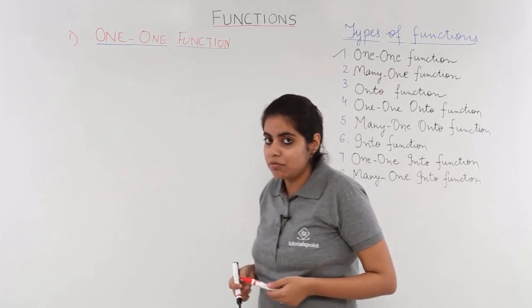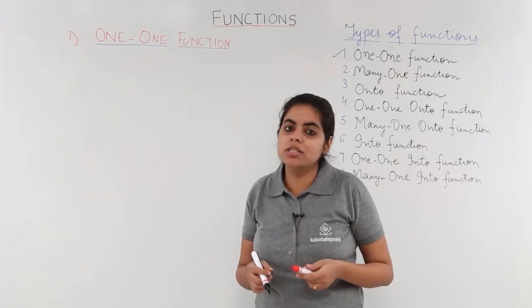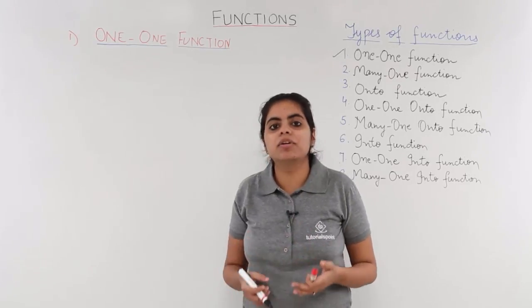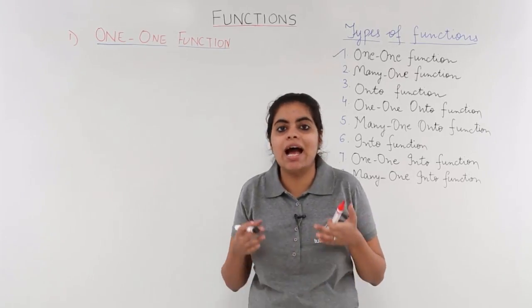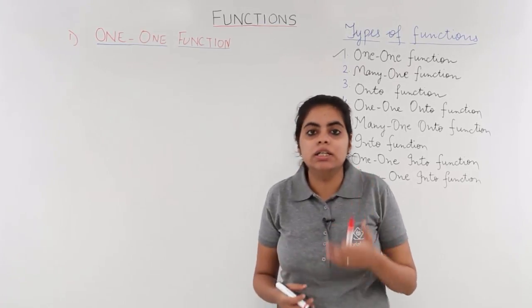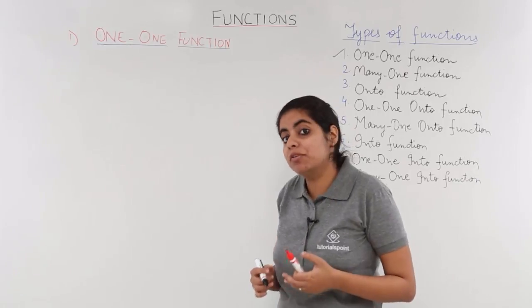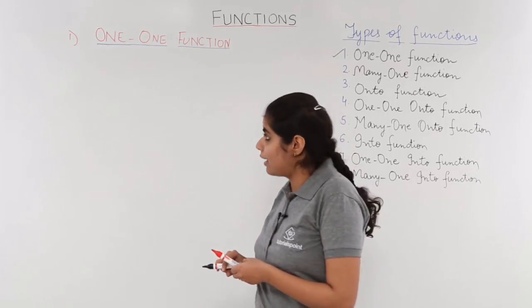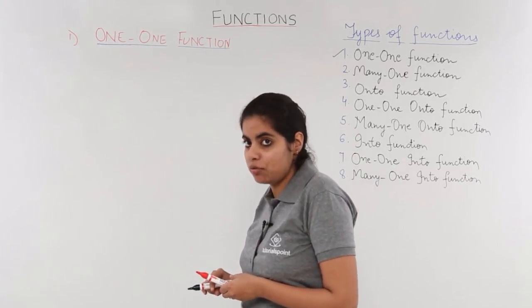Now, what is a one-one function? A one-one function is one wherein different elements of A have different elements related in B. That means different elements of A have different images in B. I write the definition once for the sake of understanding.